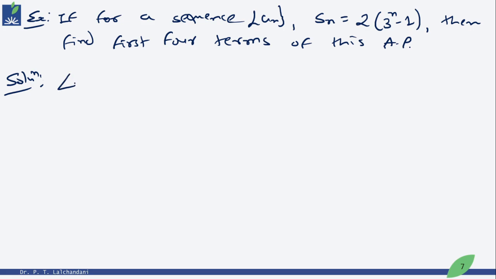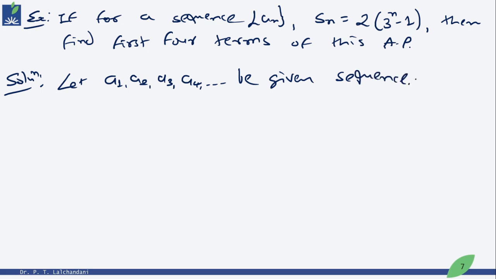So let a1, a2, a3, a4 be the given sequence. What is the other thing we have? We have Sn. So what is Sn?